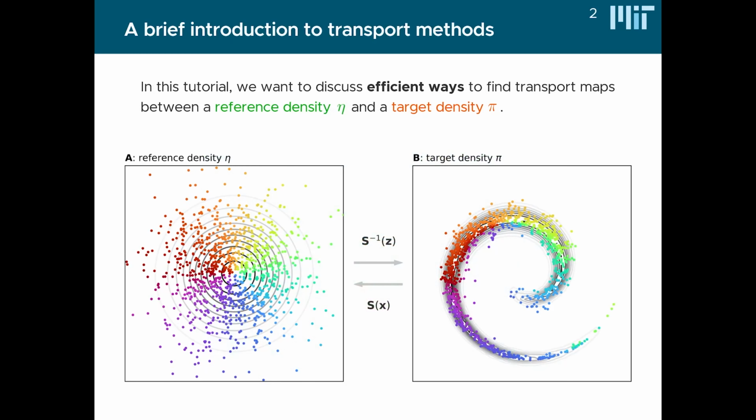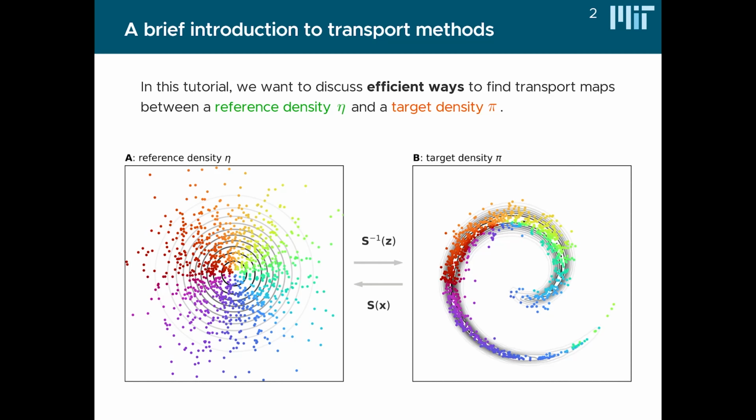Now, fundamentally, transport methods seek a function which transforms one density into another. And if this function is monotone, we can also invert it so we can transform both ways, from one distribution to another and back again. In this workshop, we specifically talk about efficient ways to find such transport maps. And the two distributions we will consider are a target density, some complicated distribution of interest that we might only know indirectly, either through samples or up to proportionality.